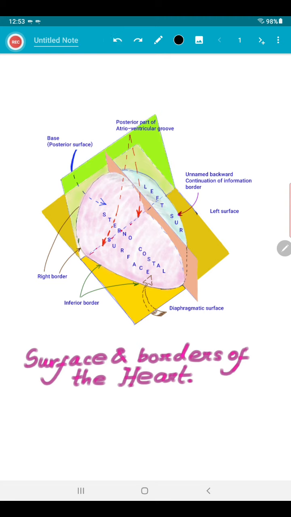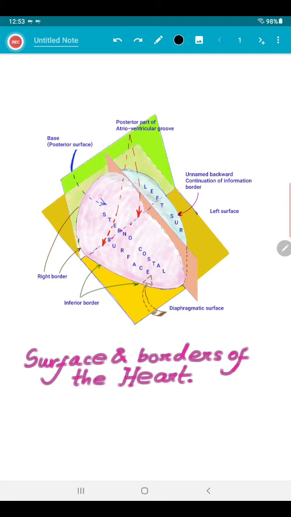This dotted line is the posterior portion of the atrioventricular groove. So this is atrium, this is right ventricle, this is left ventricle. So the atrioventricular groove bounds it inferiorly, and above it is bounded by the bifurcation of the pulmonary trunk.